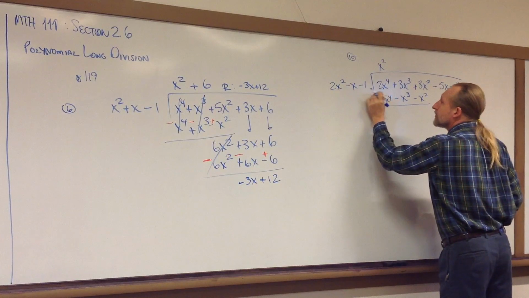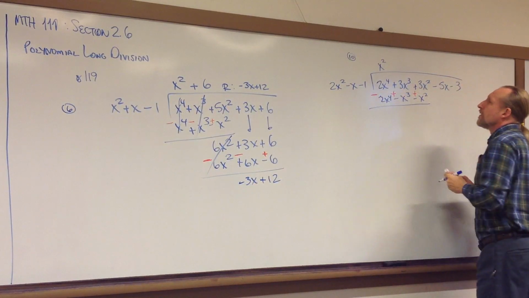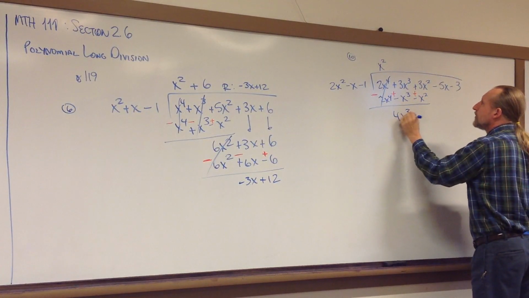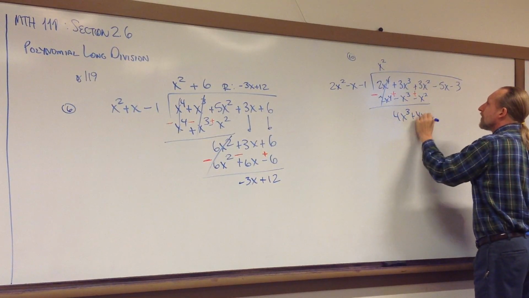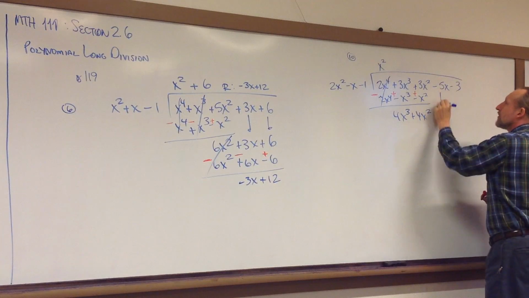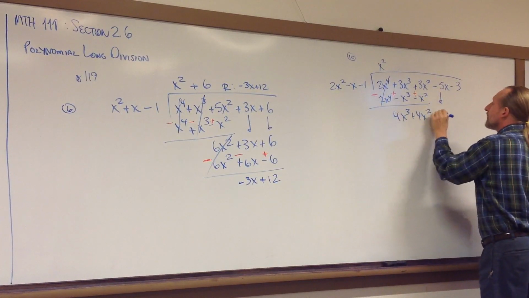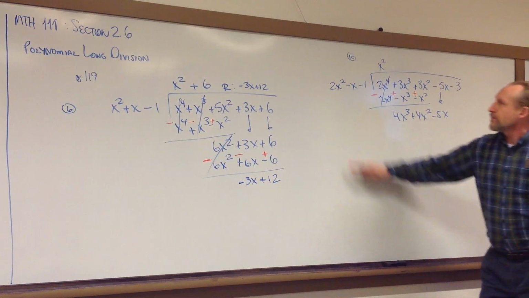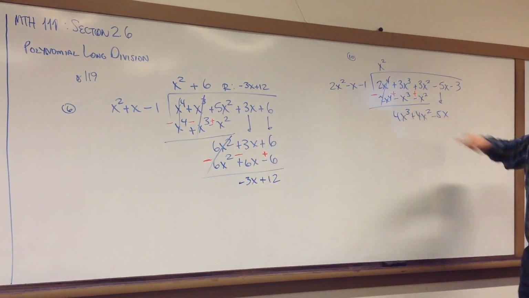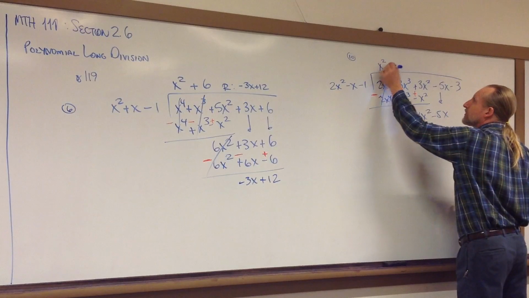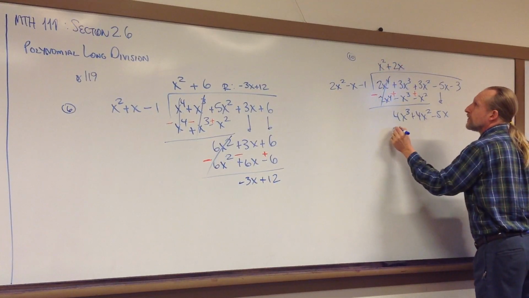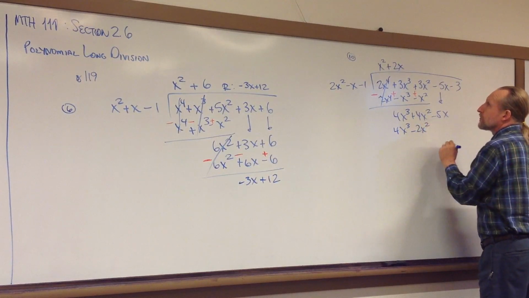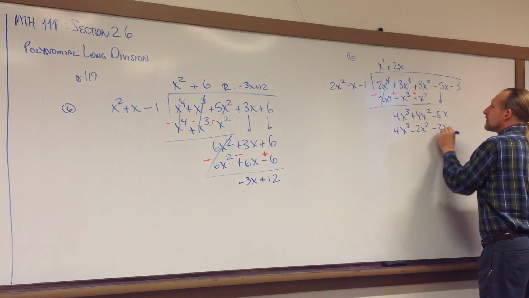And then we go in and change the signs. So these cancel out. Here we get 4x cubed, and here we get 4x squared. And since we've got 3 terms here, let's bring down this minus 5x. All right, so what do we multiply the 2x squared by to get 4x to the 3rd? That'll be just 2x. So there's 4x to the 3rd minus 2x squared minus 2x.